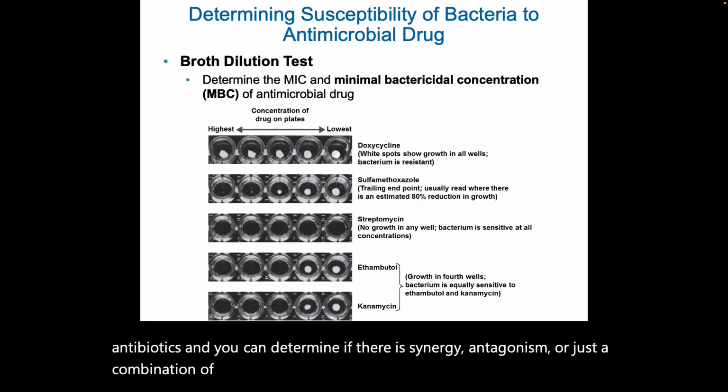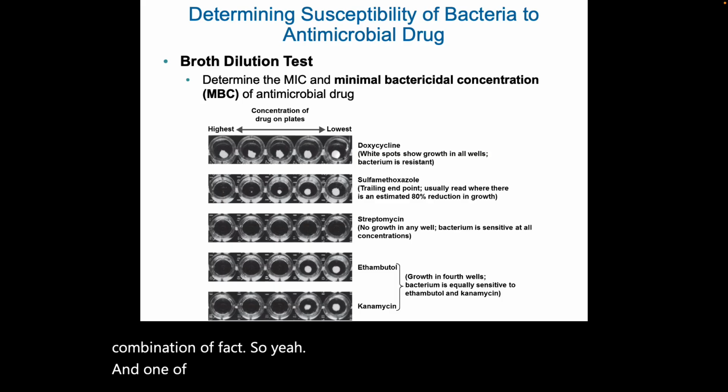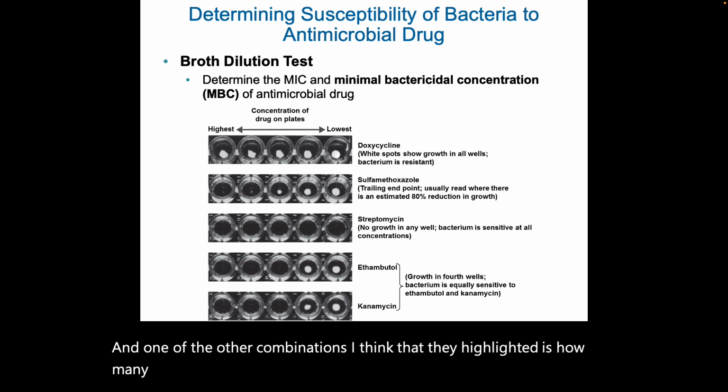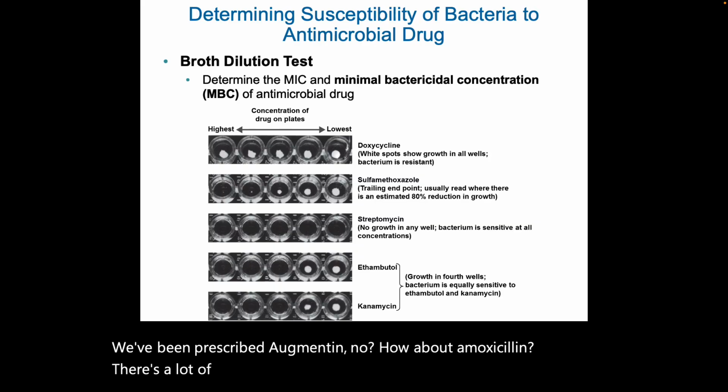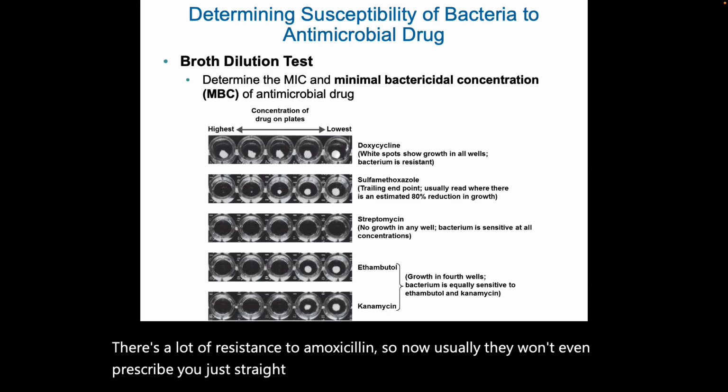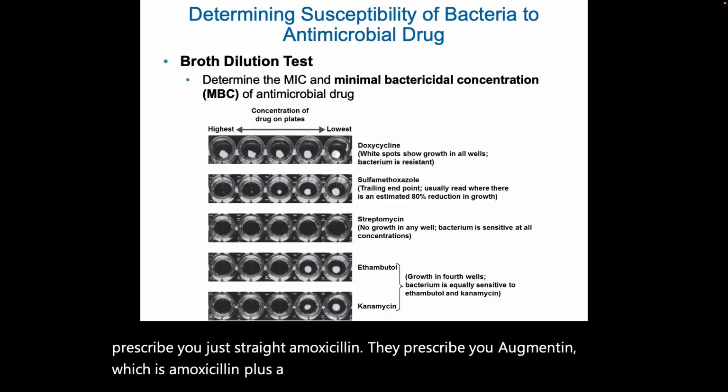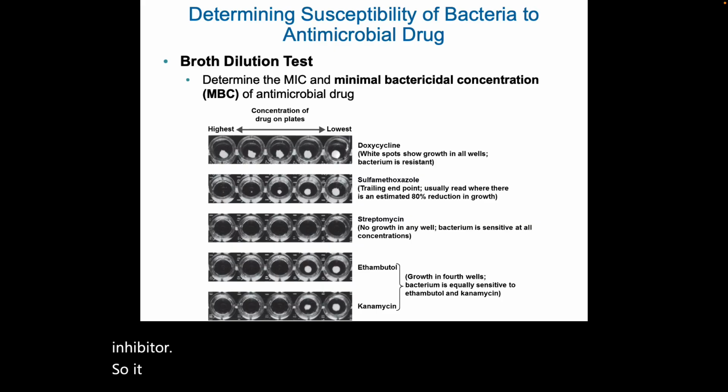One of the other combinations I think that they highlighted is, how many of you have ever taken Augmentin, or been prescribed Augmentin? No? How about amoxicillin? There's a lot of resistance to amoxicillin, so now usually they won't even prescribe you straight amoxicillin, they prescribe you Augmentin, which is amoxicillin plus a drug called clavulanic acid. That's a beta-lactamase inhibitor, so it inhibits the enzyme that would destroy amoxicillin.